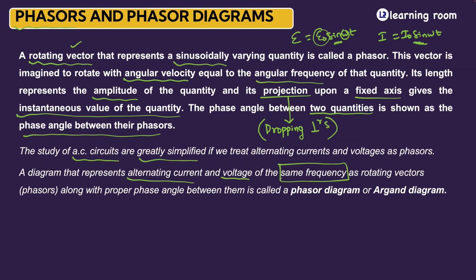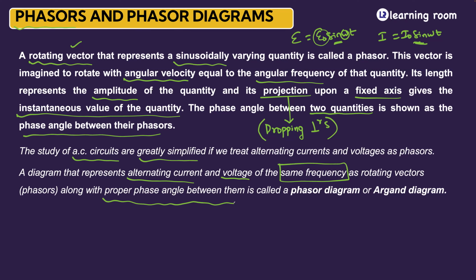Okay. Now, along with having the same frequency, you should represent the proper phase angle between them. So what are you supposed to do? You will draw the vector for EMF. You will draw the vector for current.